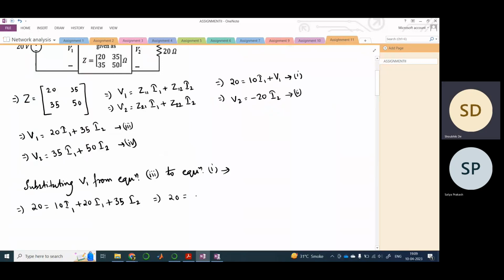The resultant equation would look something like this: 30 I1 plus 35 I2. If we cancel 5 from each side, it's 6 I1 plus 7 I2.